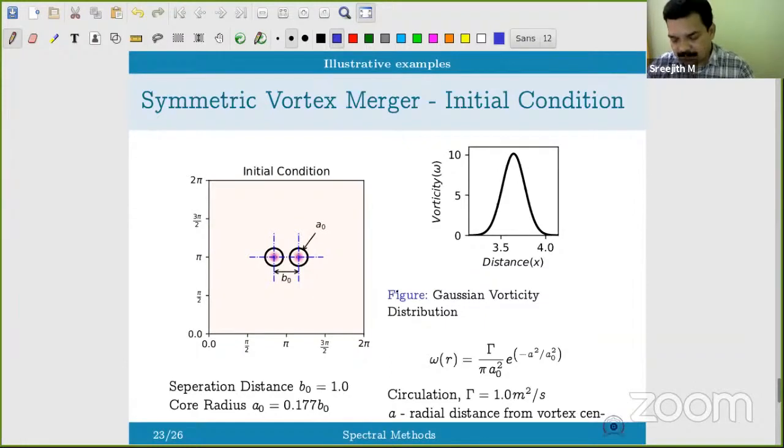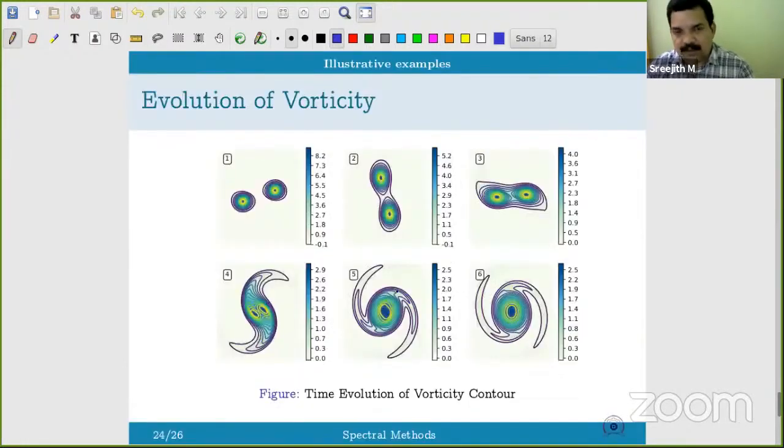Now, these two vortices will co-rotate about each other, and finally these two come closer and merge into a single vortex. I'll show you the animation for that also.